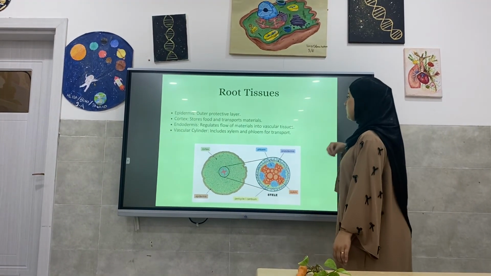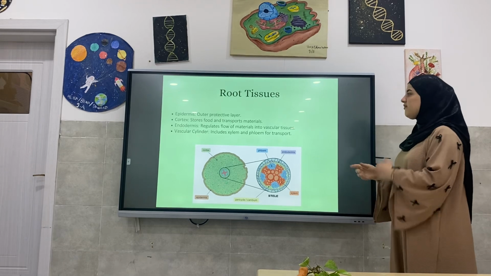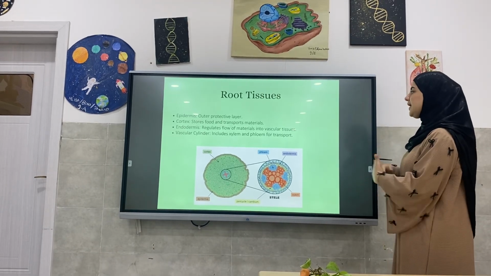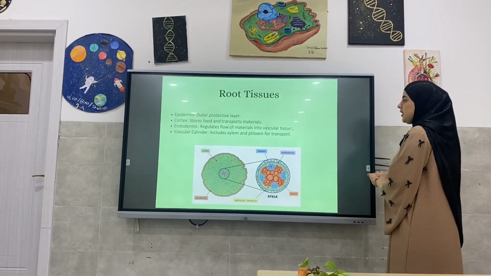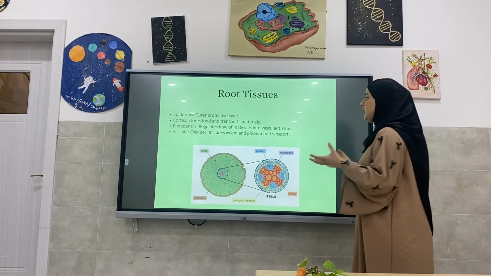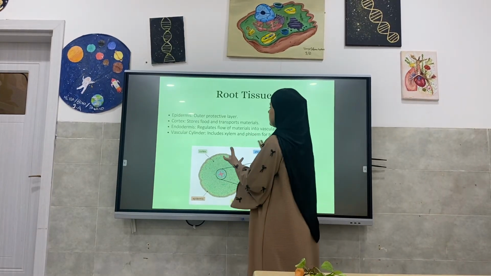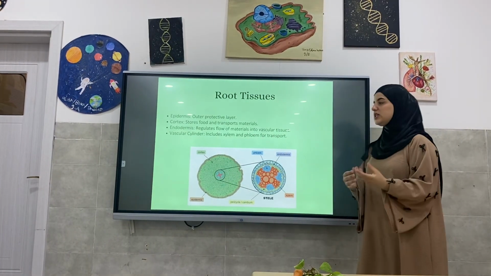Endodermis regulates flow of materials into vascular tissue. Vascular cylinder includes xylem and phloem for transport. It means helps the xylem and phloem for transport.